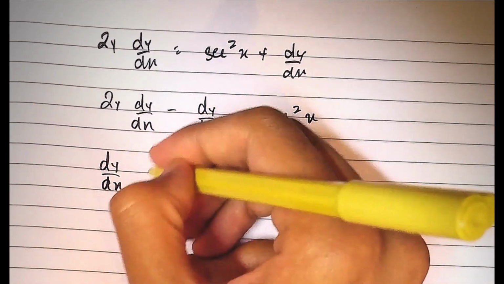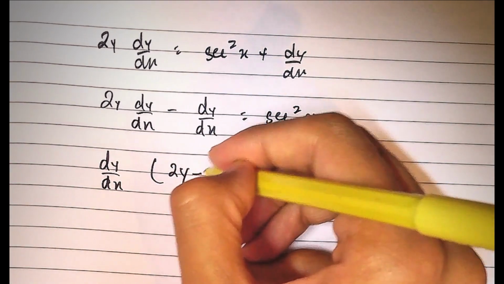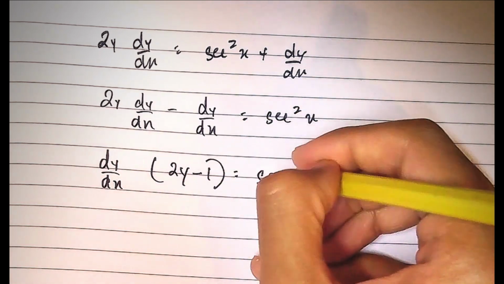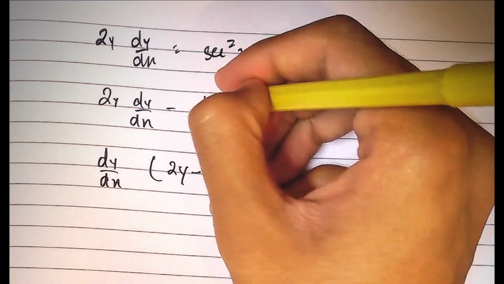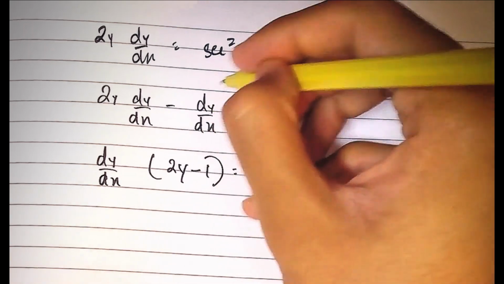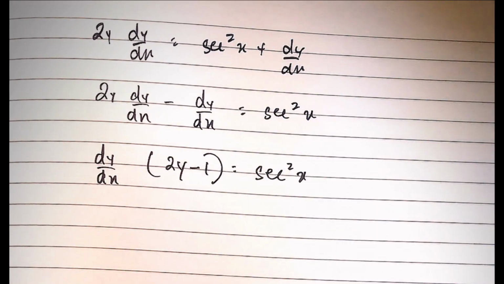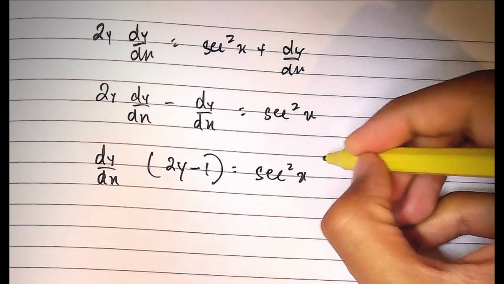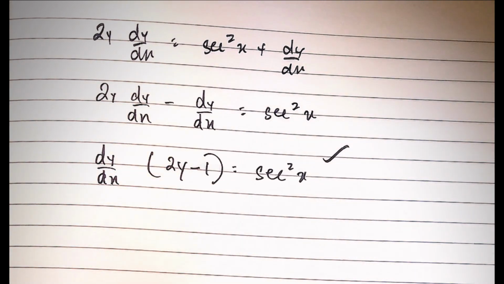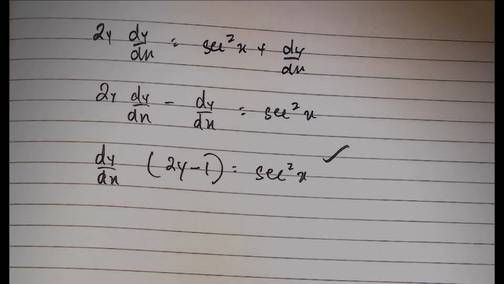So dy by dx times (2y minus 1) is equal to secant square x, okay. Now yeah, that was pretty much it. This was to prove, this was the thing which we had to find, okay. So yeah, this is the proof of this question.